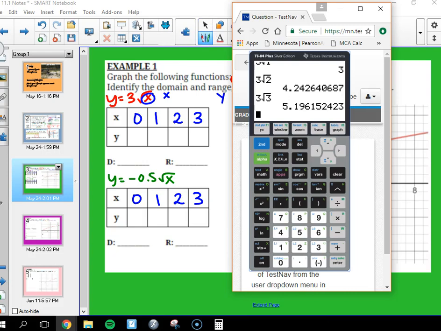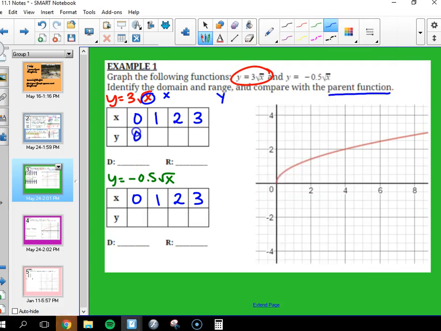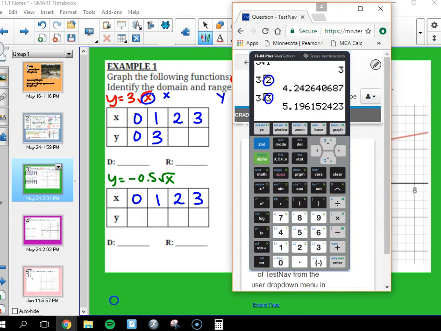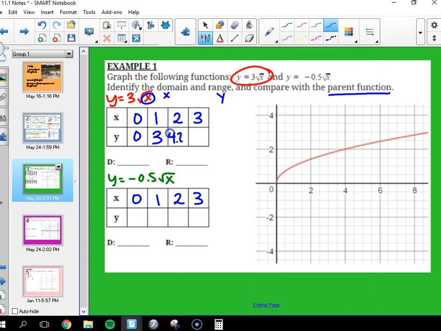So all I'm doing is taking our x values and putting them in for x. So in our table we can put 0 was 0, 1 was 3, 2 we had 4.24, and 3 we can round up to 5.2.